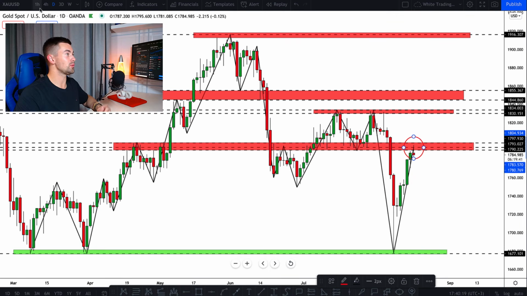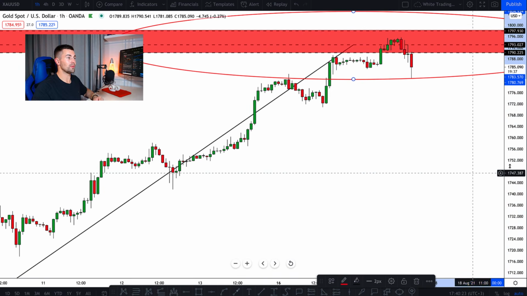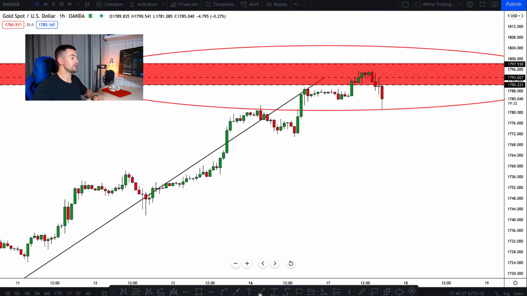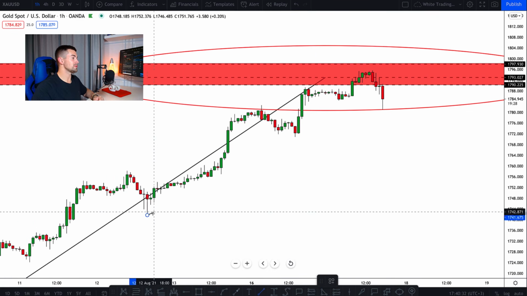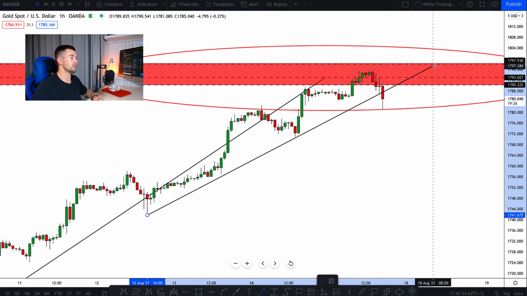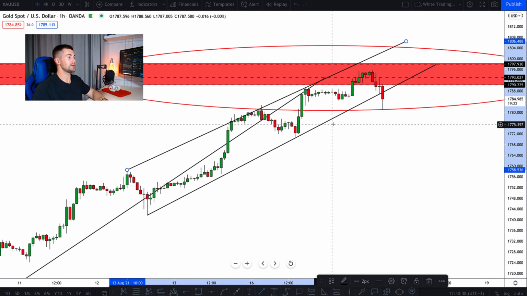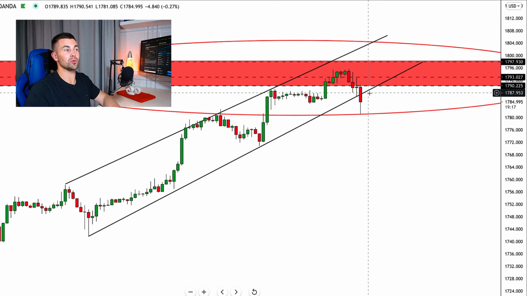For example, if we briefly open the hourly chart here on gold and take a look at how the price reacts to that red structure, over here we can easily identify a very nice rising wedge pattern. Look at this wedge. You can see that the price is following that wedge pattern right here. And right now what do we have? Right now we have a breakout attempt of the support of the wedge.